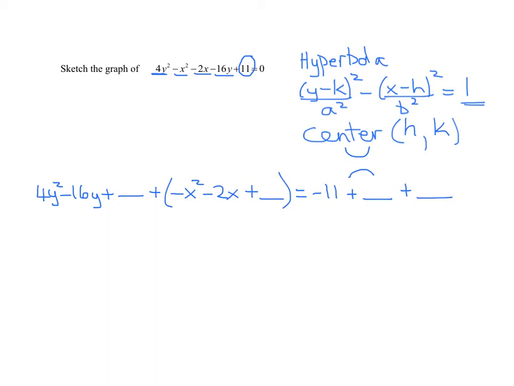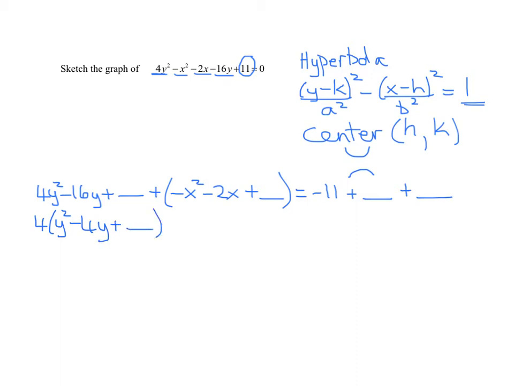So we're not ready to complete the square yet. Remember, to complete the square, the coefficient of the squared term has to be plus 1. So what I'm going to have to do here is factor a 4 out of these two terms, and I'm also going to have to factor a negative 1 out of these two terms. So 4 times the quantity y squared minus 4y plus a blank.